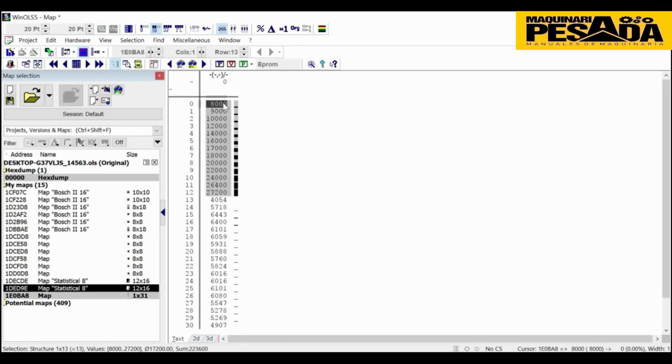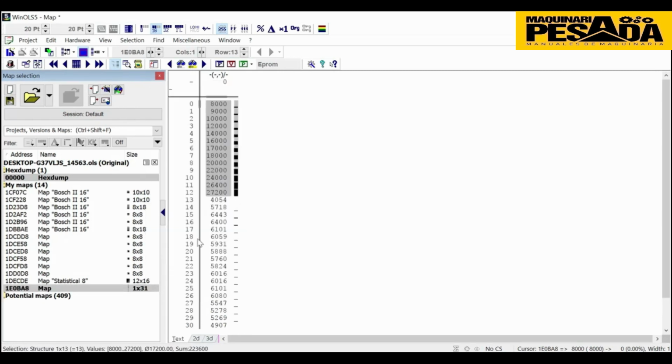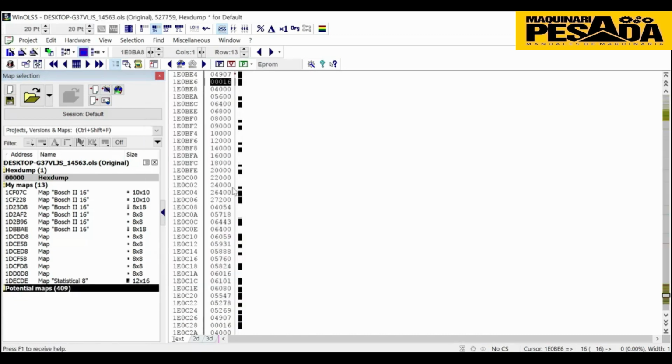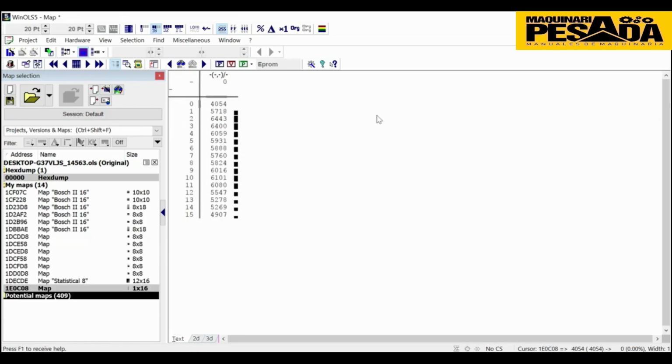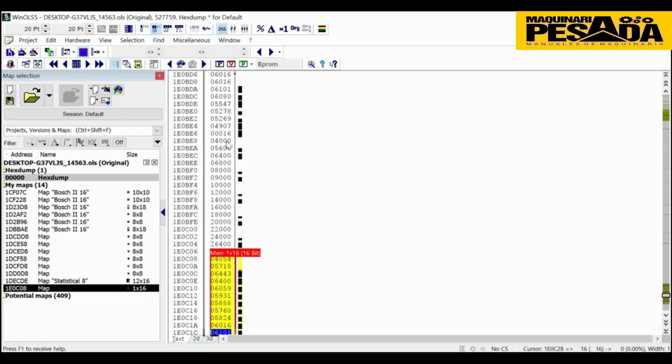This is the axis, and I know I selected wrongly. Just wait a moment. We should start from here. Yes, 16 by 1.